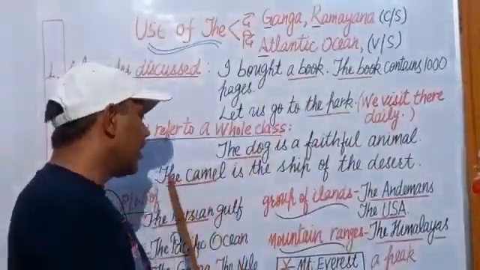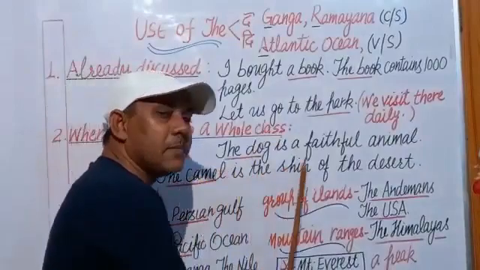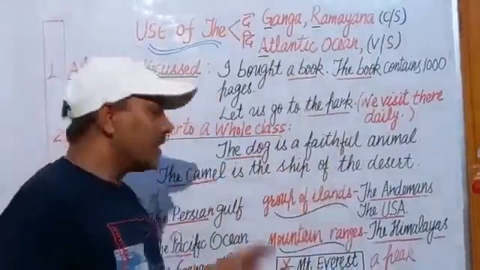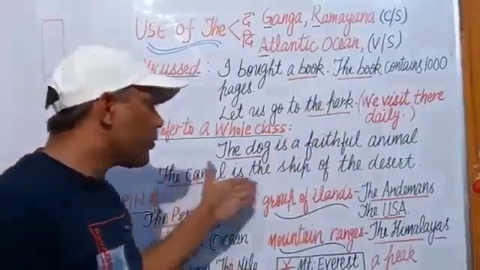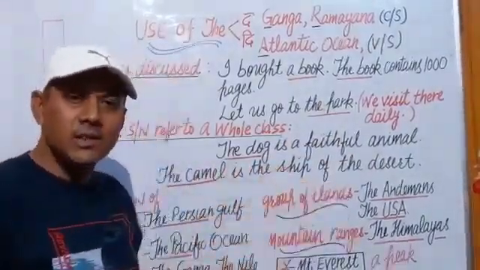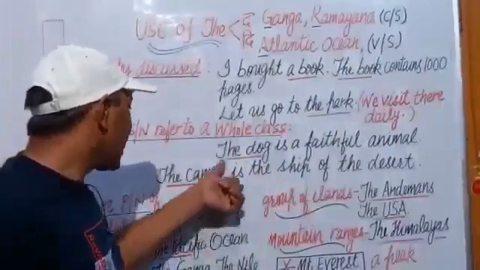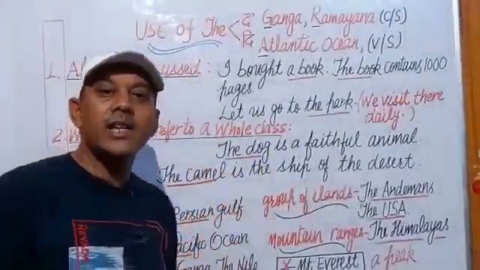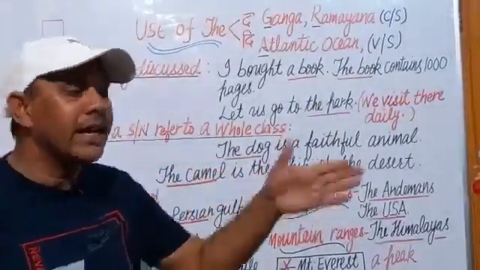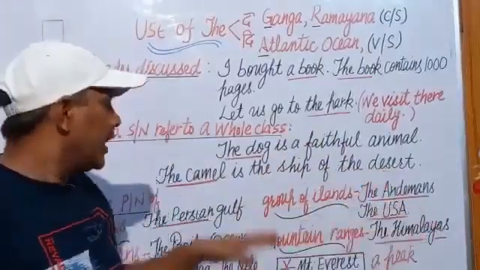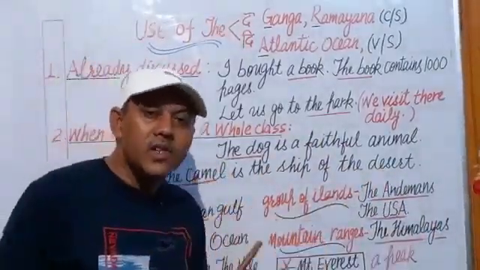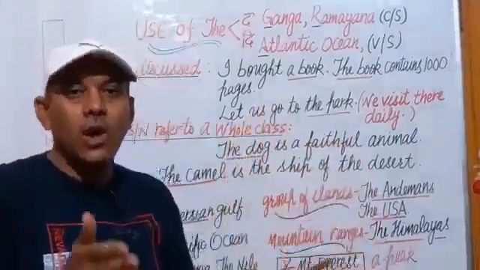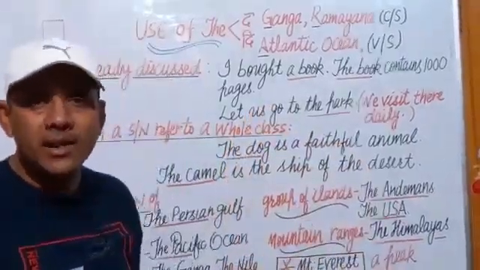The next sentence is, the camel is the ship of the desert. This is a well-known sentence and used frequently in English language. For example, this camel is not a specific camel or any general camel. It is a word, the camel represents the whole class of camel family.